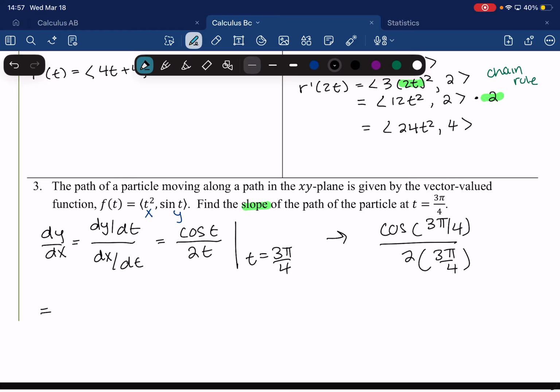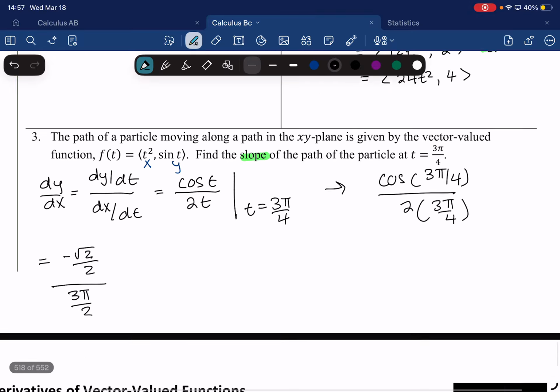I know that cosine of 3 pi over 4 is negative square root of 2 over 2. And then I can just simplify the 2 and the 4 in the denominator, and I have 3 pi halves, or 3 pi over 2.